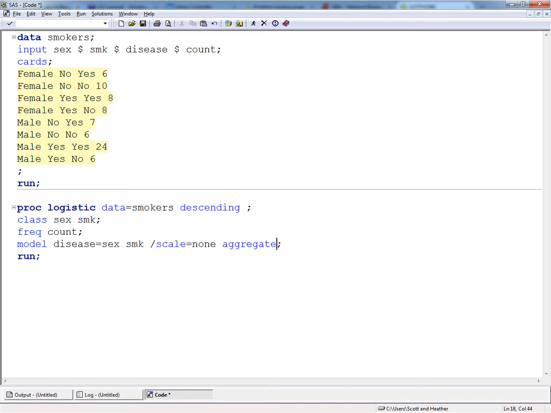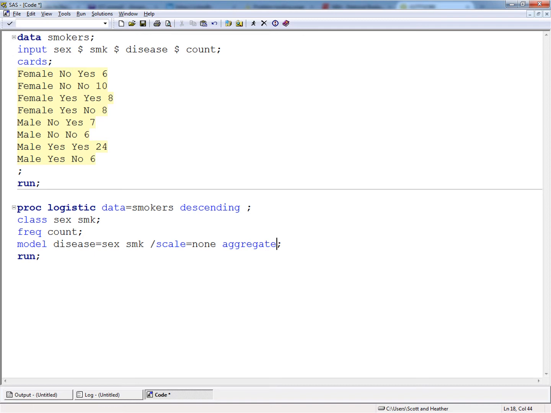And I ran my code just like I did last week. The only difference is I'm now using that class statement. So if I tried to run this code for this data set without the class statement, I'm going to get an error, because without that class statement, SAS is expecting something numeric.